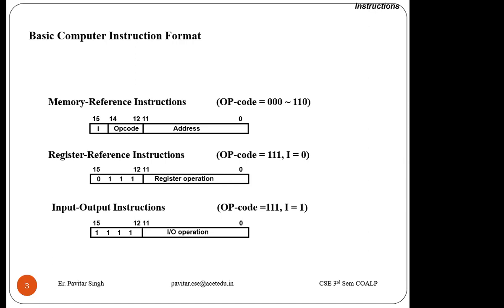That is why we have written 0 to 11, bits 12 to 14, and bit number 15, which will be denoted by I. So the basic computer instruction format is divided into 3 categories. The first one is called memory reference instructions. The second one is called register reference instructions. The third one is called input output instruction.